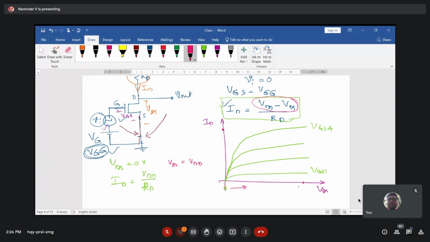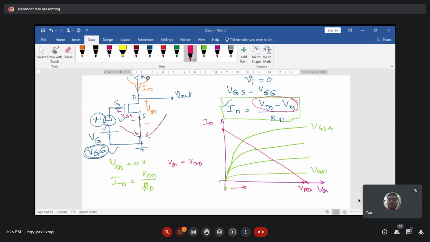So when VDS is equal to VDD, you have 0 current. When VDS is equal to 0, you have the maximum current. Now you join these 2 points, and you'll get a line called the DC load line.